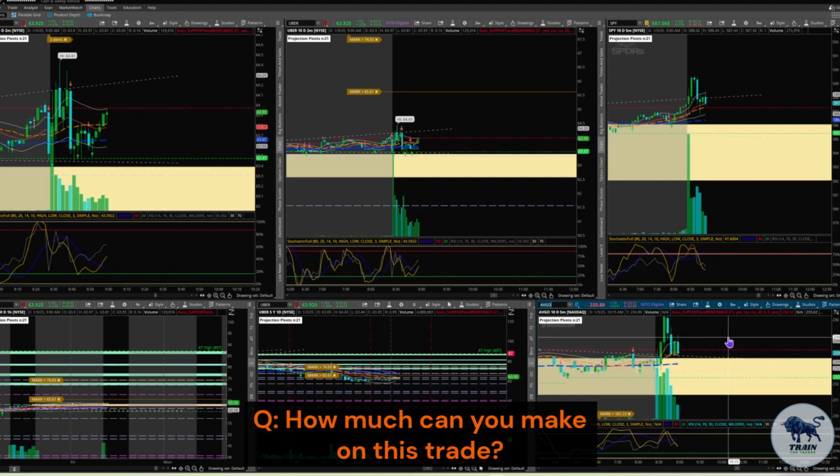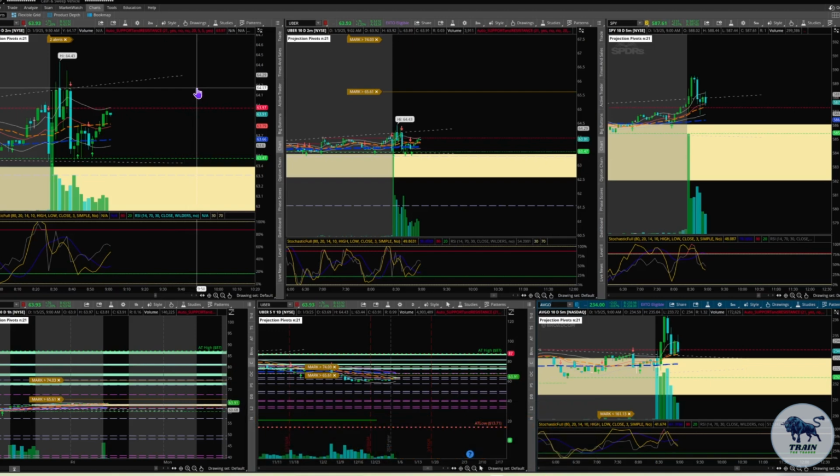How much can you make on that $500 trade from a minute ago? Depends on how long I hold it and what price point it goes to. If it gets back to high of day, that's easily going to be a 20 or 30% trade. So $100 per contract is an ideal day.